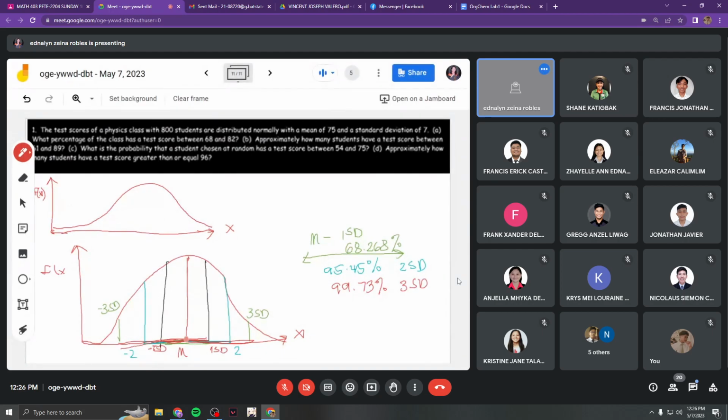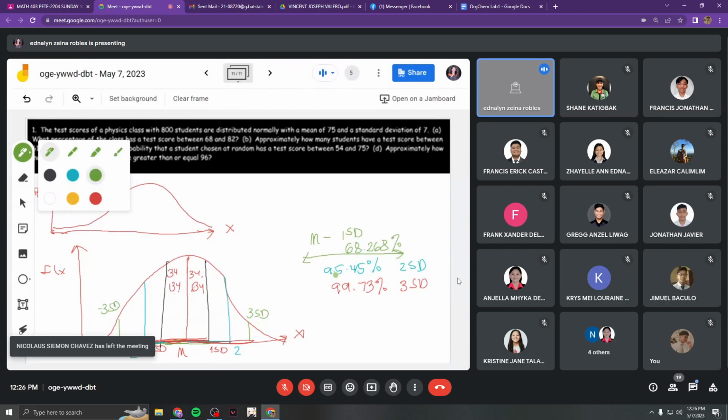This is the mean, and the first standard deviation will happen at 68.268%. Let's divide this into two, para malagay ko siya dito sa positive at negative. So it is equal to 34.134%, and 34.134% on the other side.